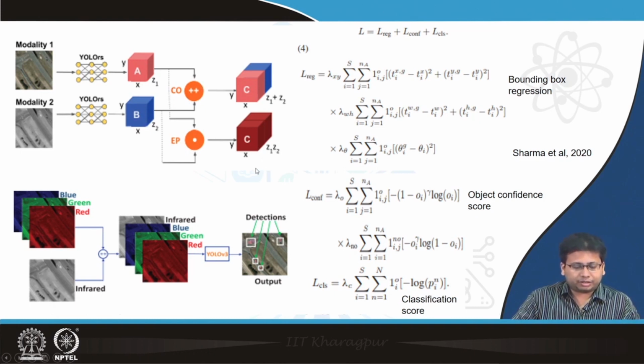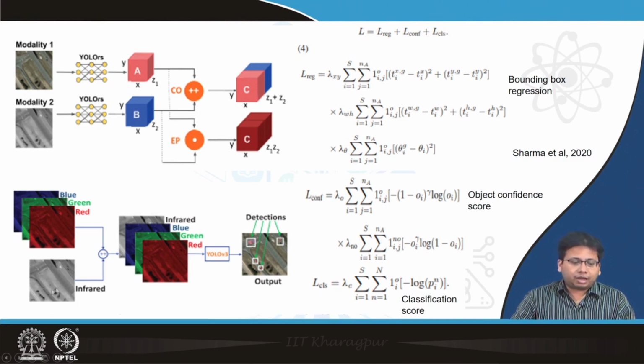So this is one approach where YOLO is done separately on each of the modalities. You can say it is something like a baseline approach. You do not fuse the things right away. On each source of images, you do the object detection separately and then combine the results. But that is not what this paper is proposing.